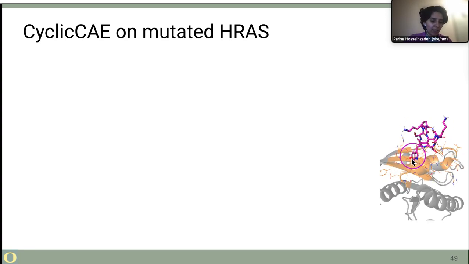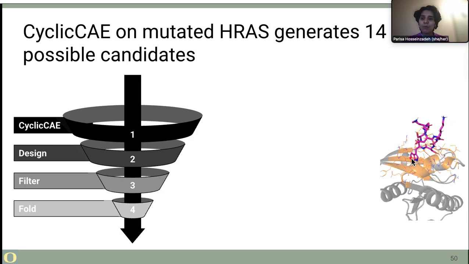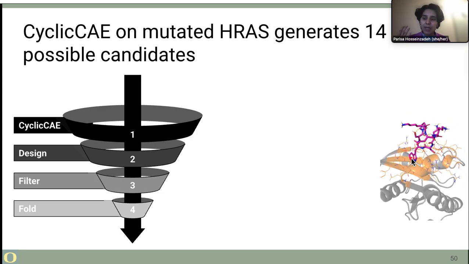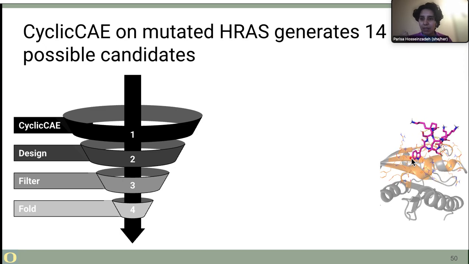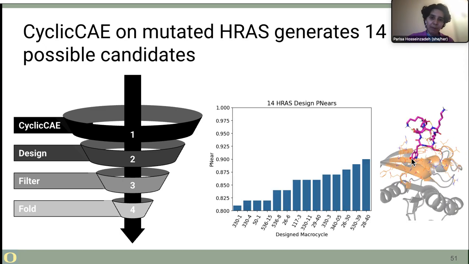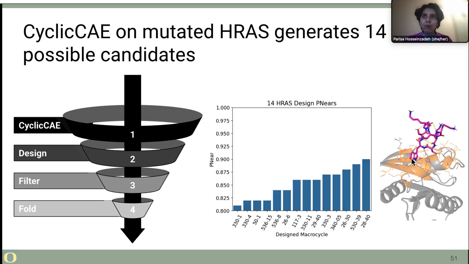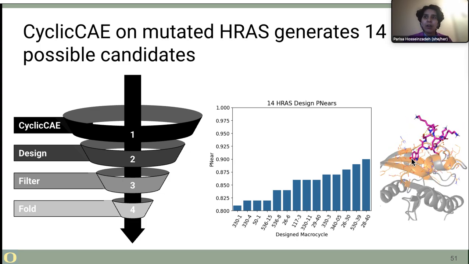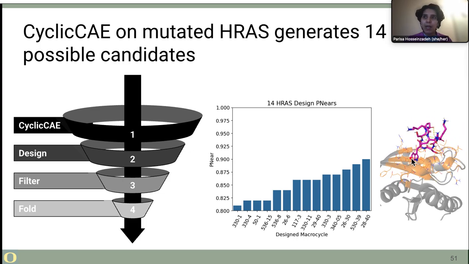So we use this as an anchor. And then we went through and ran cyclic K, designed it, filtered it, and folded it. And then lo and behold, 14 HRAS designs had p-nears of 8 or above.